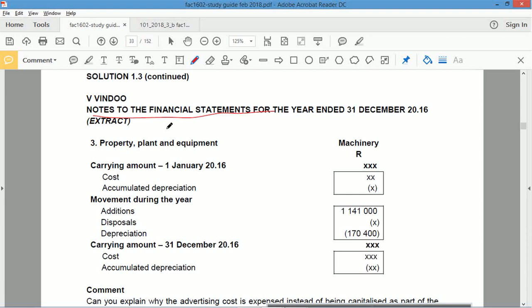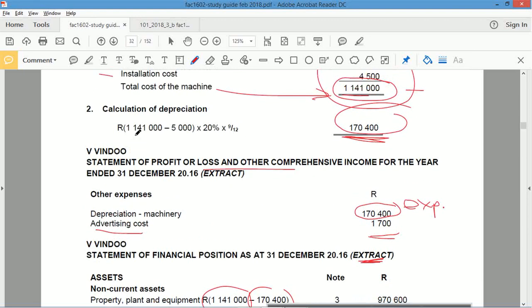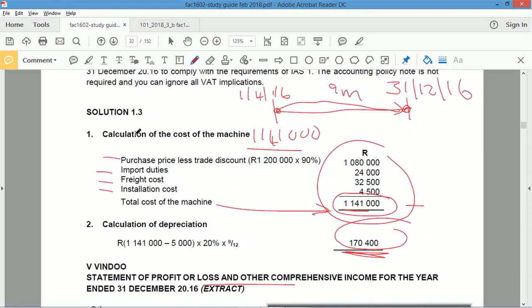To test the note as well, it's going to be repeating what they've already tested in 1502, where you had a PPE note. But the PPE note is very straightforward. You're literally just taking the information that you had from where? Here, the diagram. That's all you're doing. You're taking this information and recording it appropriately in the PPE note.